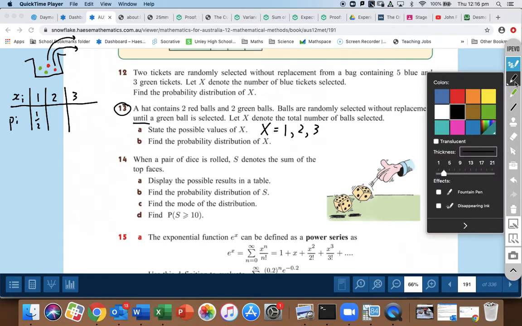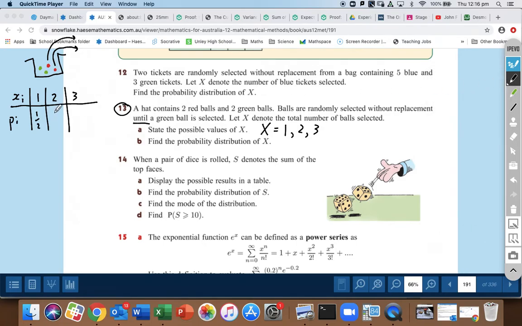We need to assign probabilities to the second draw and the third draw, but it's a little bit more complicated, right? The first probability was easy to see. It was 2 green out of 4, right? But when we get to a second draw, well, we've already done a first draw, so we need to do a calculation there, right? We need to think, well, there was a 1 in 2 probability, right?